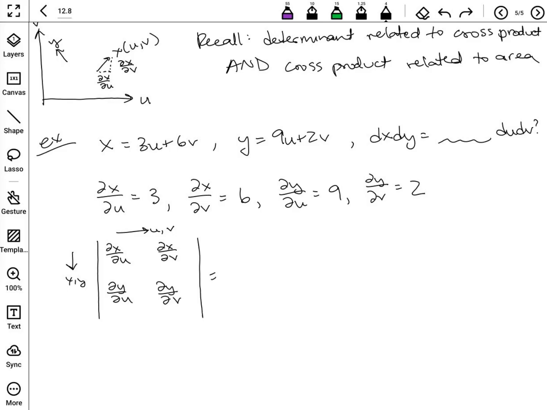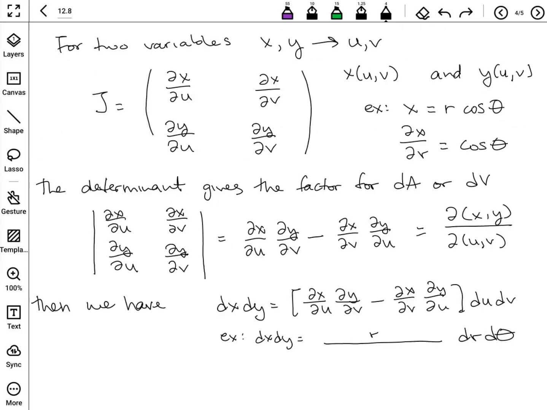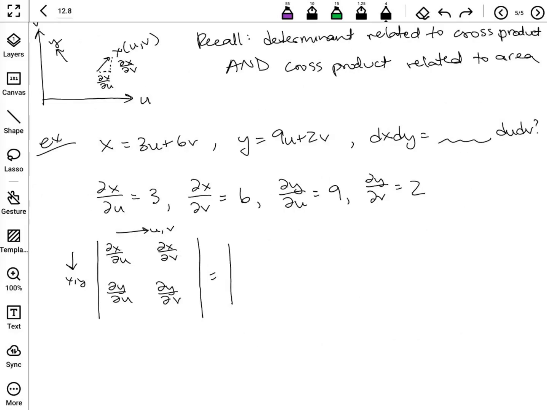And I just put in the numbers that I calculated for those partial derivatives. Remember from our example before, the partial derivative won't always be a number. Sometimes it can be a function of the other variables you have, but for the simple one it's not. So I'm going to have 3, 6, 9, 2.